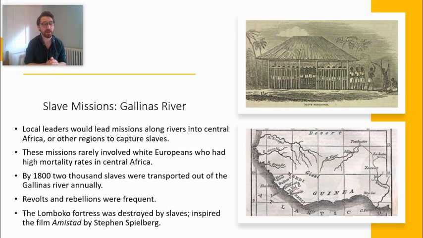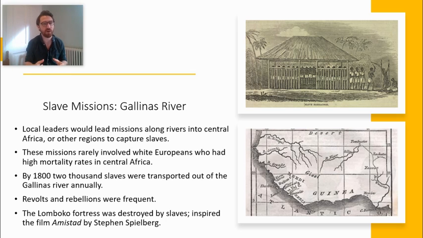staggering number. But it's a very dangerous part of the triangular trade route, and there are numerous rebellions and revolts fought, many of which we don't know about because of the lack of written sources about them from African tribes.